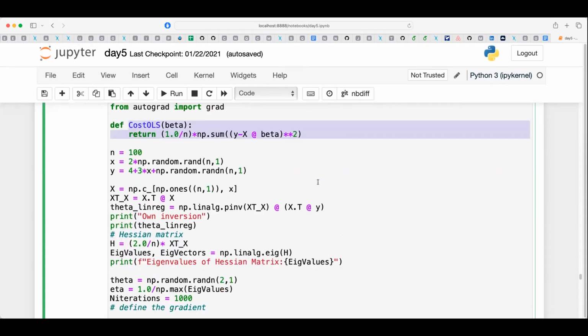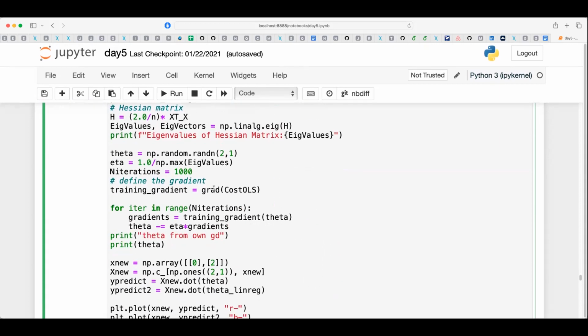What you do now is simply use autograd like this, just one line. And then you specify which cost function you're using. That's extremely powerful and it saves you a lot of time. And it gives you much more flexibility when you code. I hope you see the simplicity here.